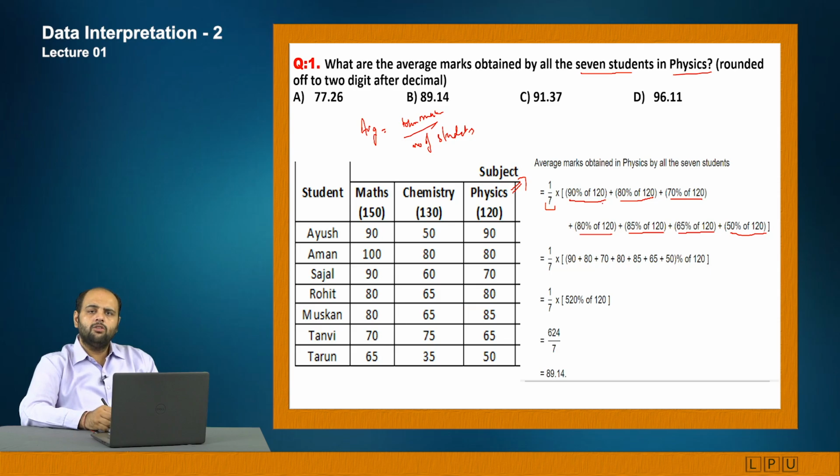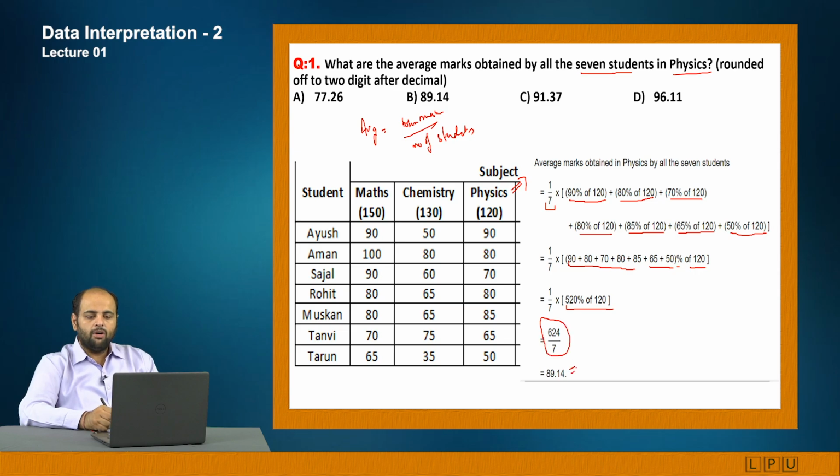So what is the advantage of percentage? Just take it out and add all the values: 90 plus 80 plus 70 plus 80 plus 85 plus 65 plus 50, and the percentage of 120 will remain the same. So it will be 520 percent of 120, and the final value will be equal to 624 upon 7.